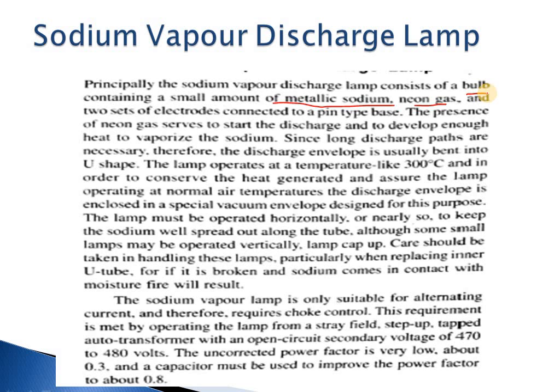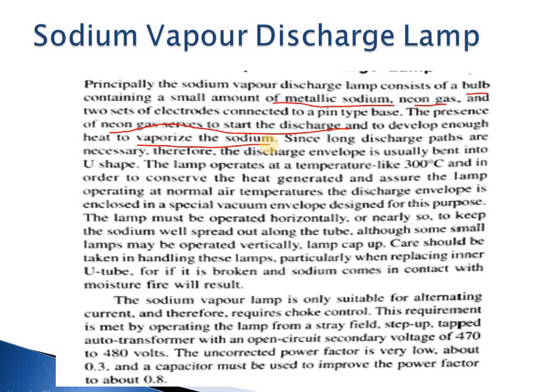The presence of neon gas serves to start the discharge and to develop enough heat to vaporize the sodium. That means the neon gas helps to start the discharge and produce enough vapor from the sodium. It acts like a catalyst for creating vaporized sodium.